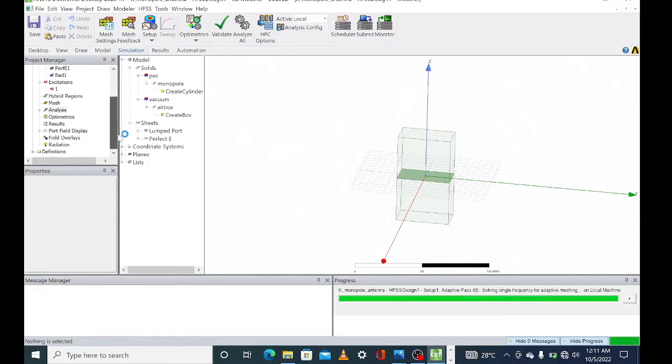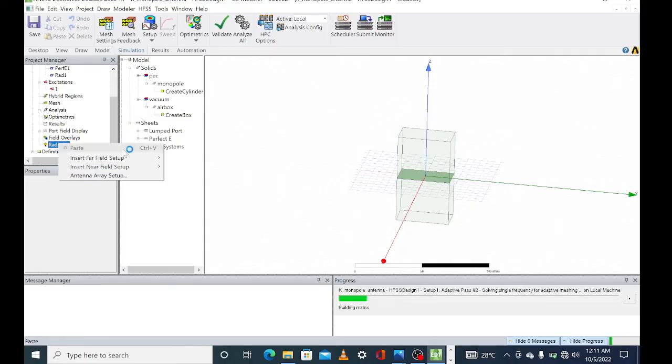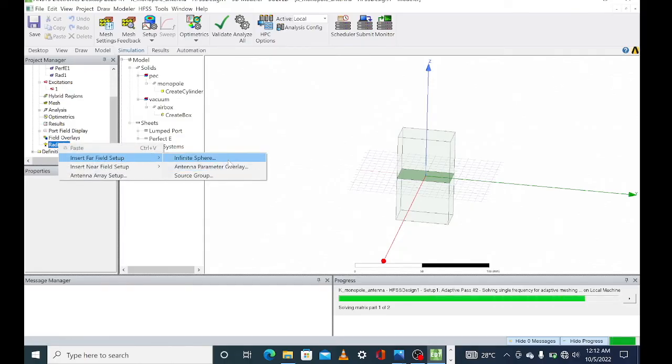So I'll go ahead and set up my password setup.